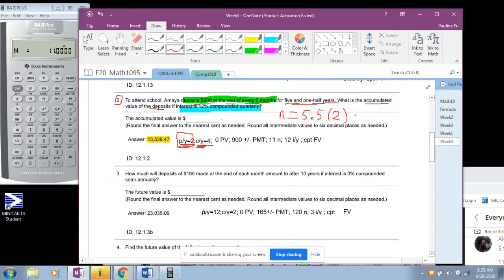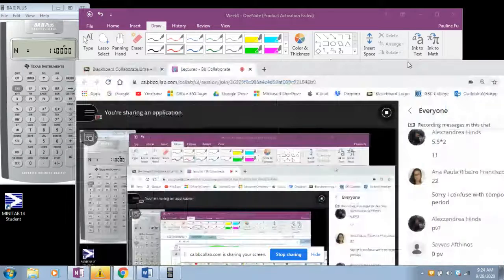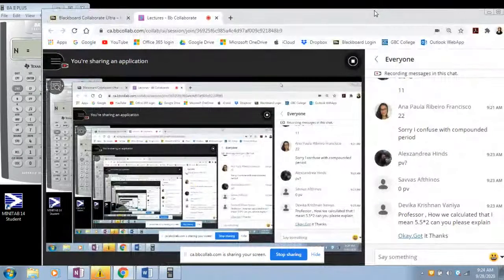So 5.5 times 2 equal to 11. 1 year, you make 2 deposits. You did this for 5.5 years. Does that answer your question? Thank you, Devika. Thank you for asking. Okay.